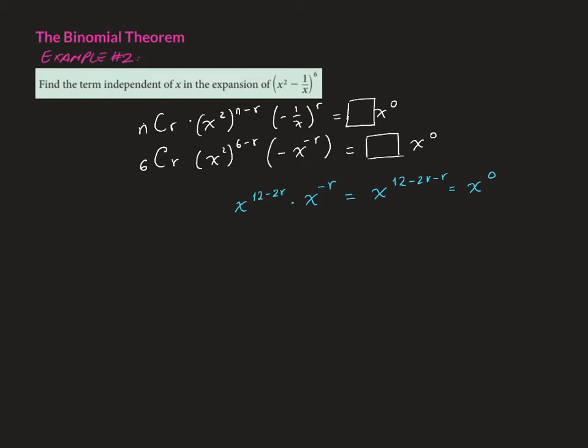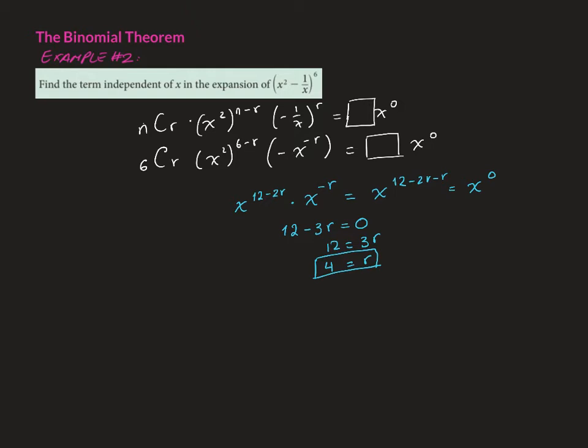That means we can build an equation with the exponents where 12 minus 3r is equal to 0. And that means 12 is equal to 3r, so r is equal to 4. So what we want is a term in the expansion where r is equal to 4.